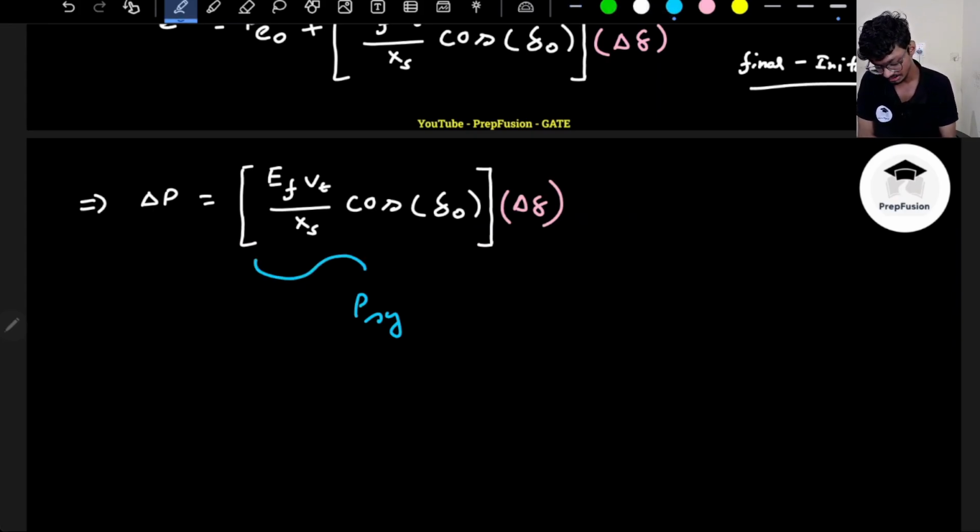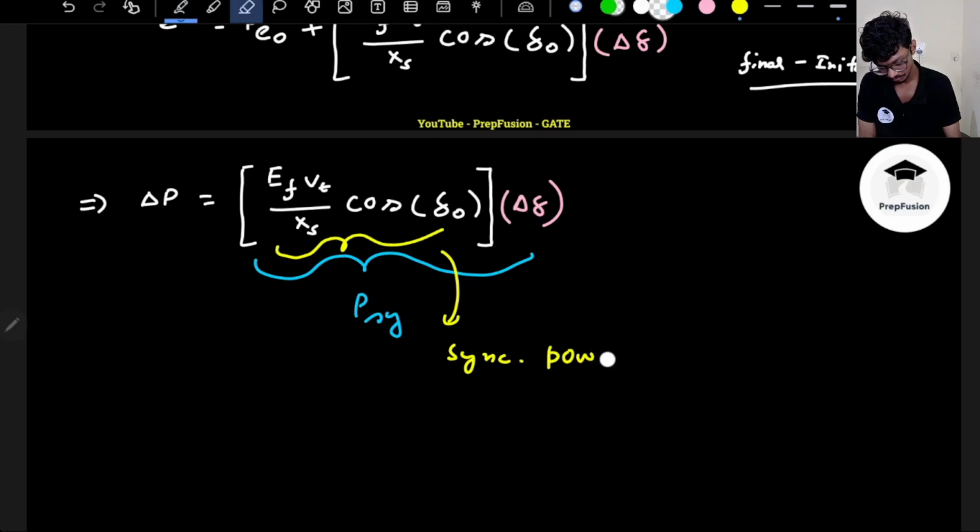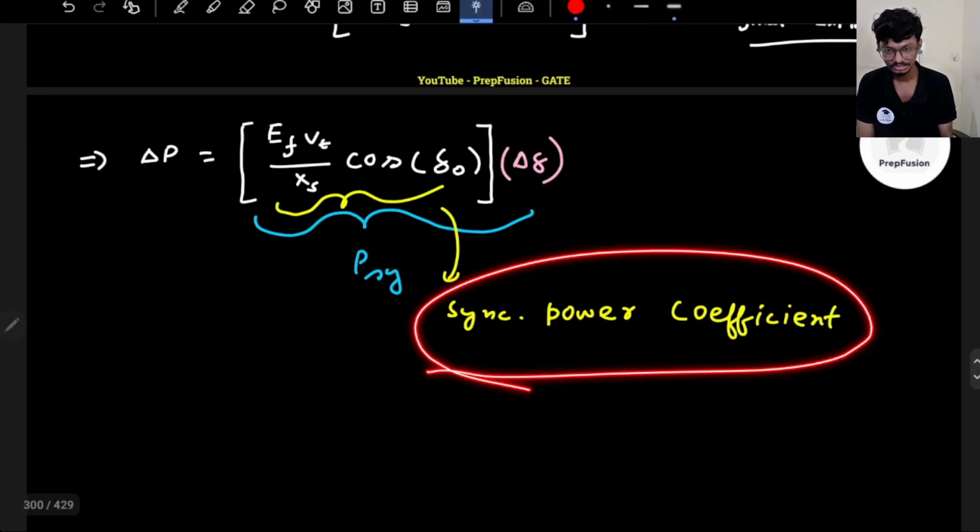Sorry, this whole power is known as the synchronizing power, and this term is actually known as the synchronizing power coefficient.